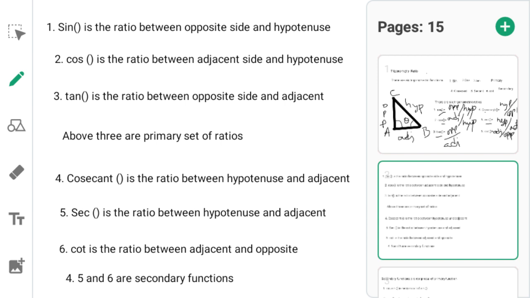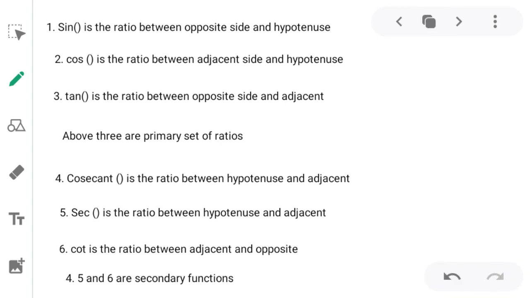So as you know, these above 3, 1, 2, 3, are the primary set, and the 4, 5, 6 are the secondary set. Fourth, cosecant, is the ratio between hypotenuse and opposite. Secant is the ratio between hypotenuse and adjacent, and cot is the ratio between adjacent and opposite.